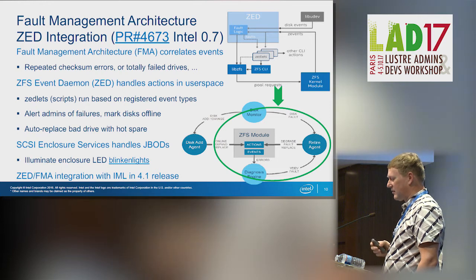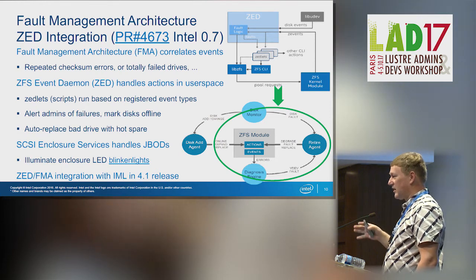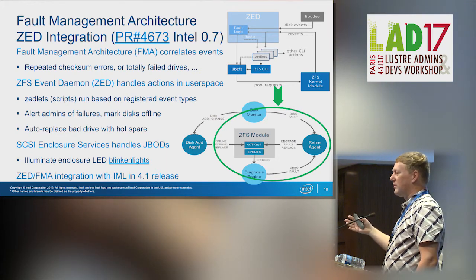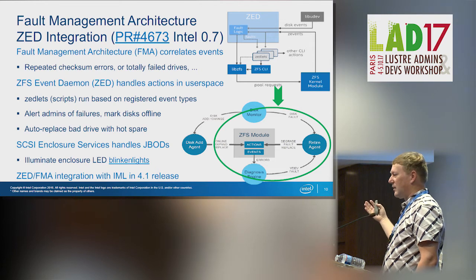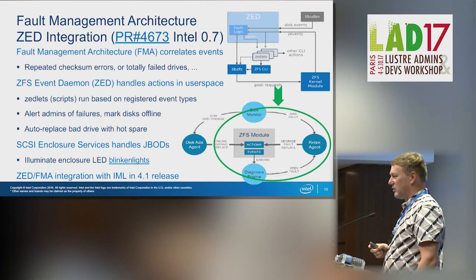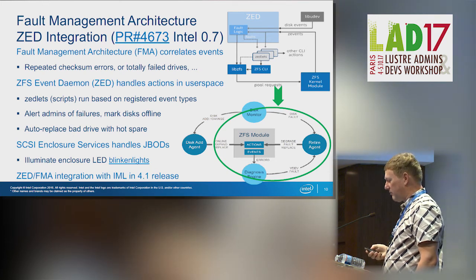And so SES is sort of a generic infrastructure that works with a whole bunch of different enclosures, so you don't have to program your own scripts to work with vendor A versus vendor B versus vendor C disk enclosure, right? This is a standard library for managing the blinking lights.